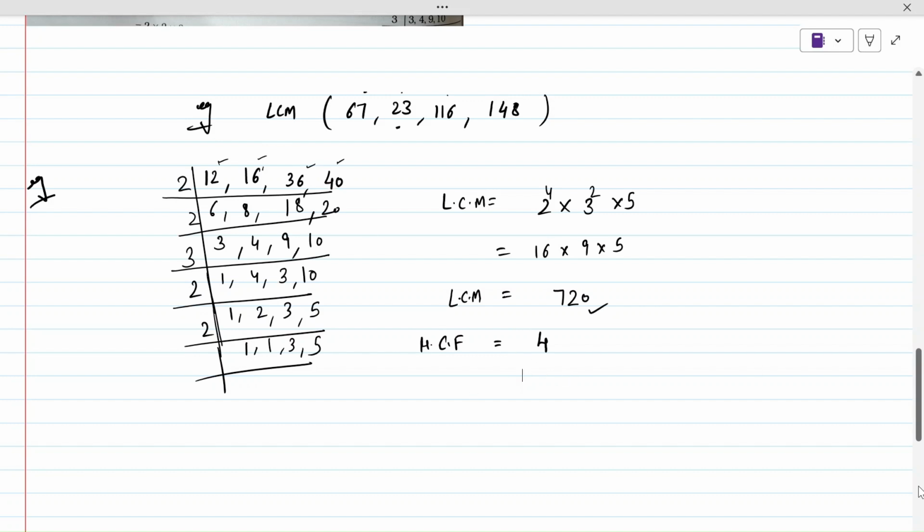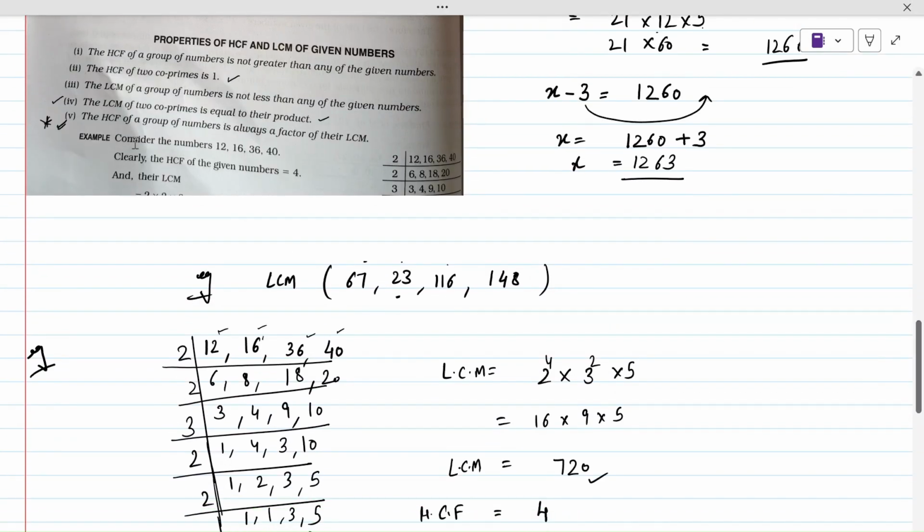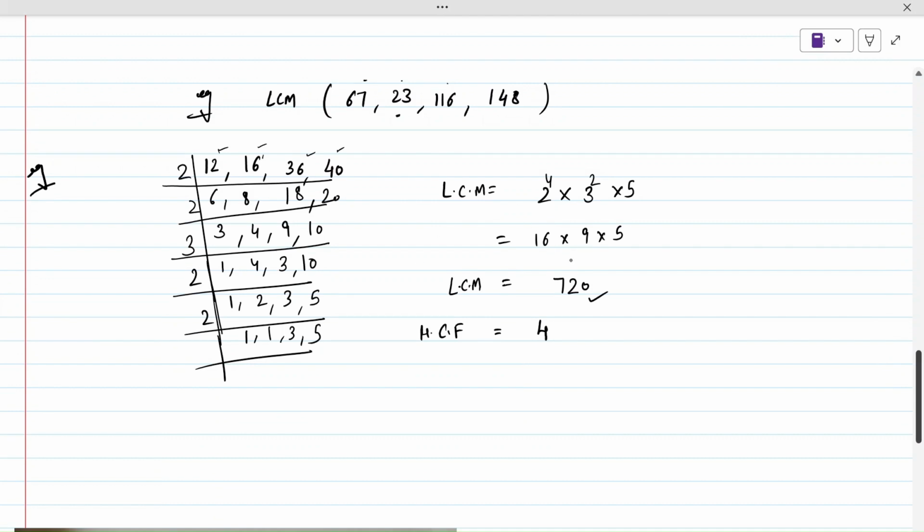What this property is telling us is that the HCF of a group of numbers, which is 4 in our case, is always a factor of their LCM. So we can see here that 4 is a factor of 720. HCF 4 is a factor of LCM, which is 720. So this is the property told to us.